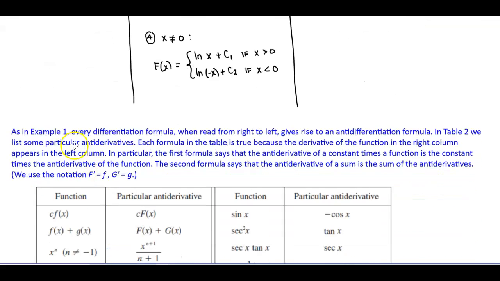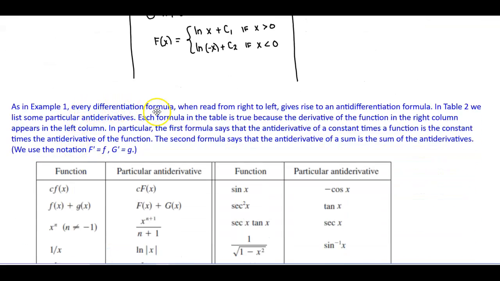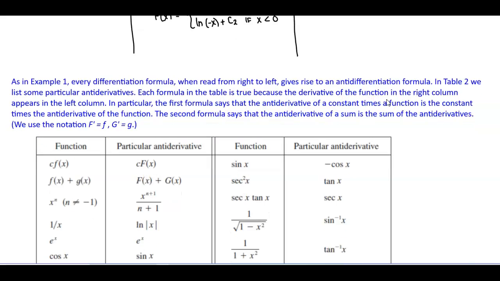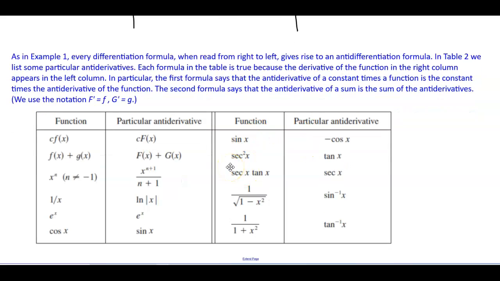Now, as we saw in example 1, every differentiation formula, when read from left to right, gives rise to an anti-differentiation formula. In this table, table 2, we list some particular antiderivatives. Each formula in the table is true because the derivative of the function in the right column appears in the left column.